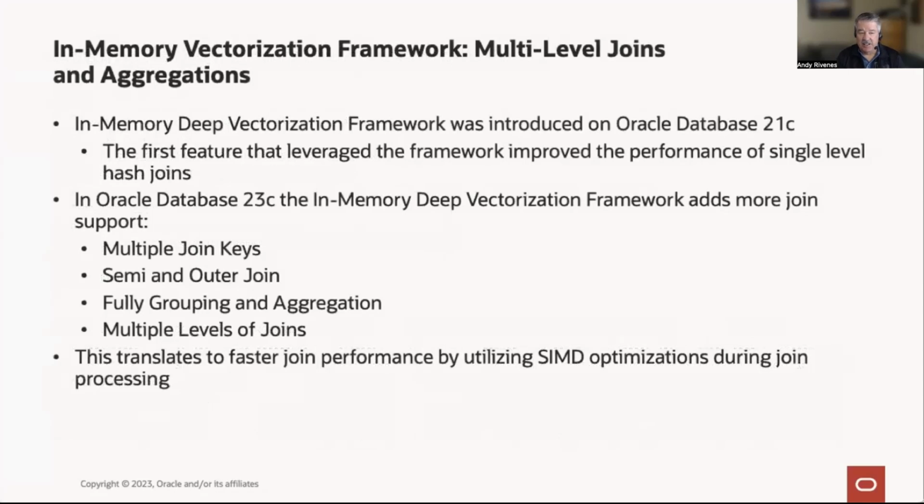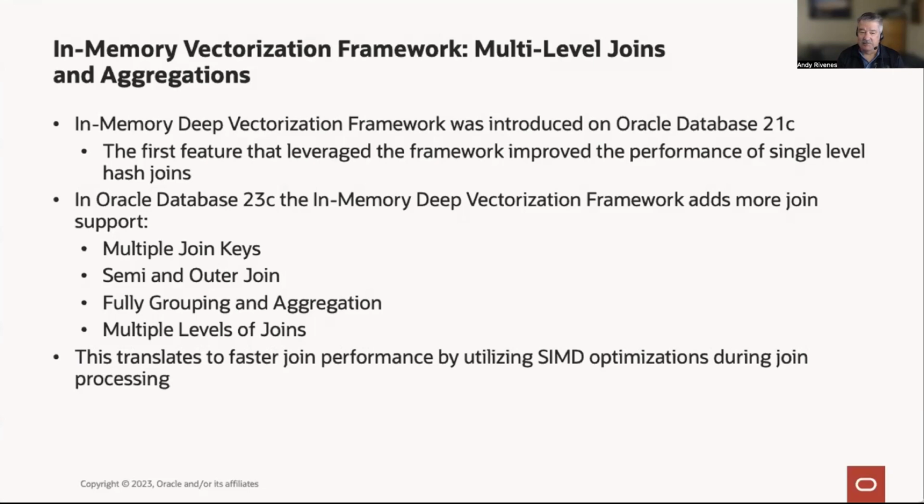With that, since I've done a blog post, I spent quite a bit of time on this feature, which is quite an interesting feature. We introduced the in-memory deep vectorization framework in 21c, and at that point supported deep vector joins, but they were based on just equijoins, kind of like with our Bloom filters.